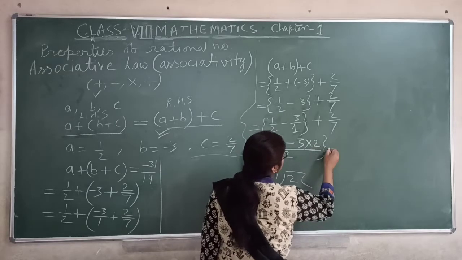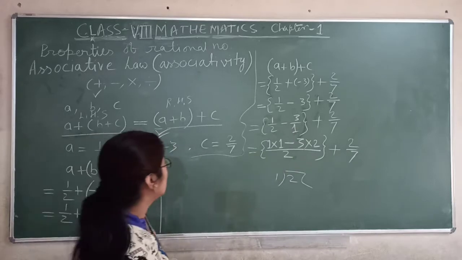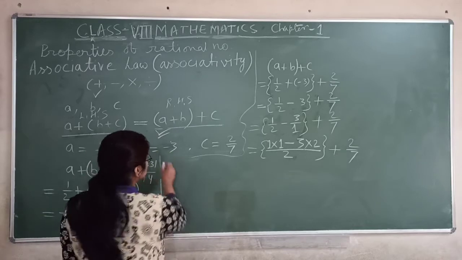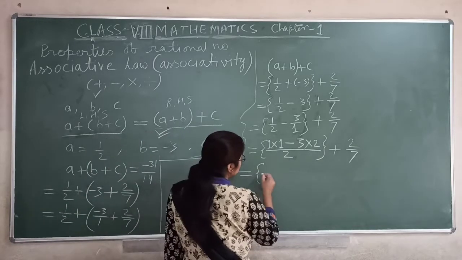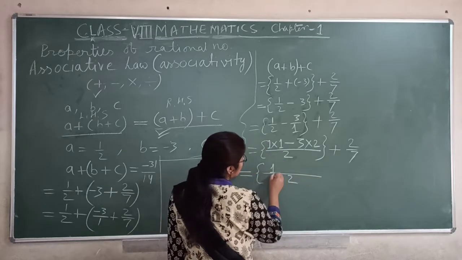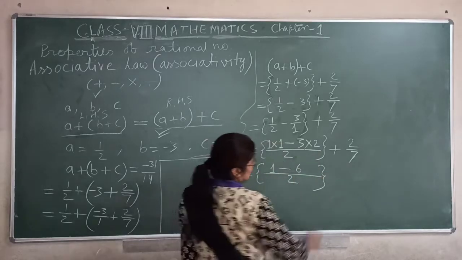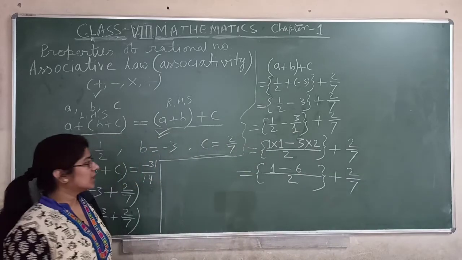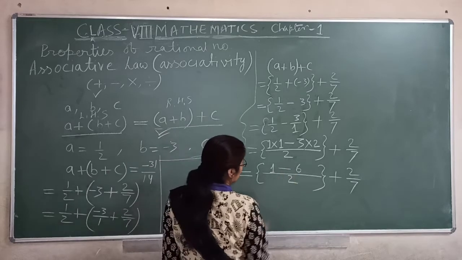So multiply with numerator plus 2 upon 7. Okay. Hope you are getting that all. After that bracket 2 here, 1 into 1, 1 minus 3 into 2 is 6, bracket close plus 2 upon 7. Clear?